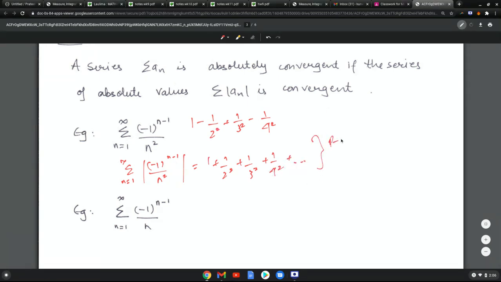This is a P series with P equals 2, and this is convergent. If this is convergent, that means, therefore, the series is what we call absolutely convergent.